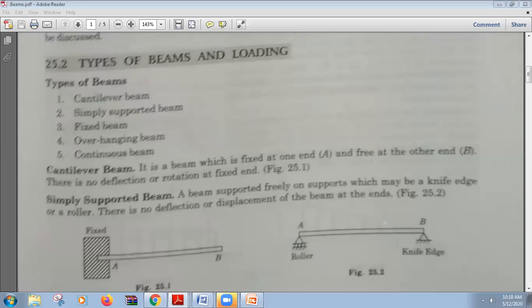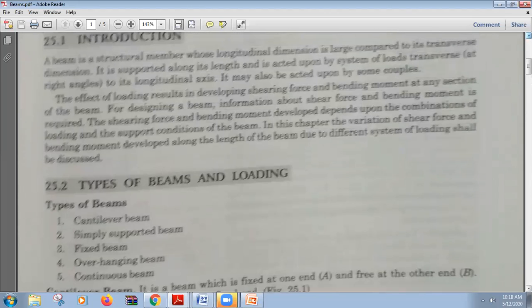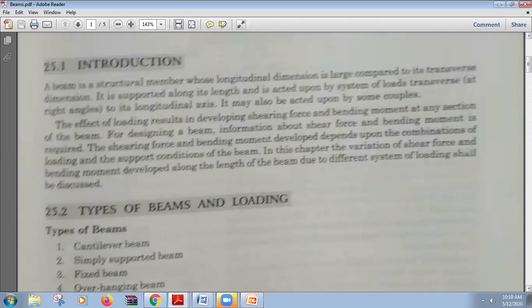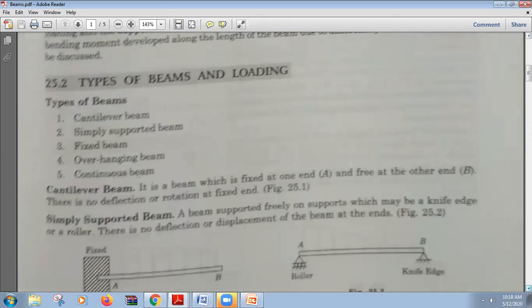So a beam is an element of the infrastructure that is used to uniformly transfer or transform the loads applied on it. These are horizontal components of the infrastructure, and basically five types of beams are there.